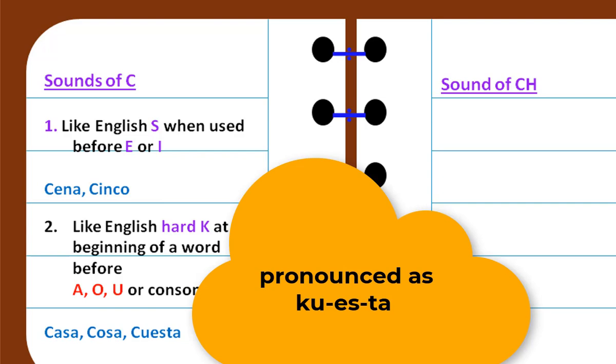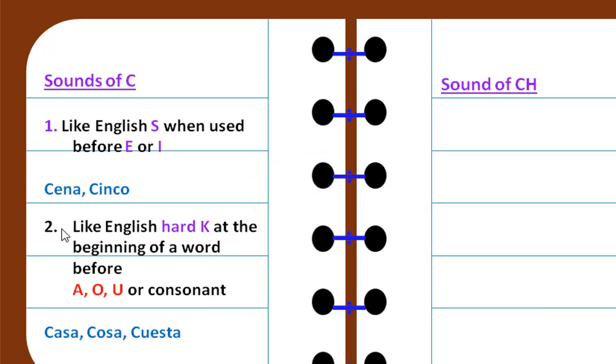We have U after C, which should sound like K, so it becomes cues, ta, cuesta. Cuesta means cost. Casa, cosa, cuesta. And there's another sound which is like English S, as in cena, cinco.